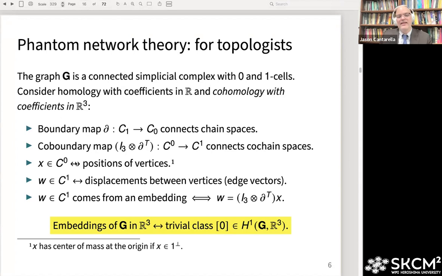One way to say that is that a cochain comes from an embedding of the graph in space if and only if it's the image under co-boundary of a set of vertex positions, of a 0 cochain. But a neater way to say it is that the edges which correspond to embeddings are the 0 class in cohomology with coefficients in R3.